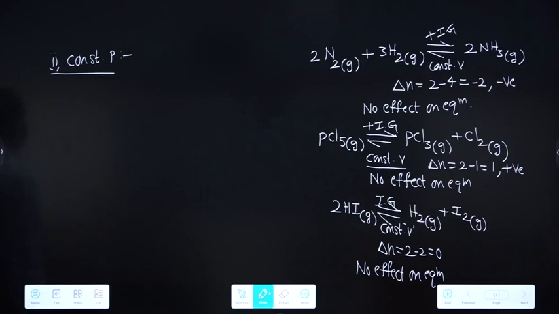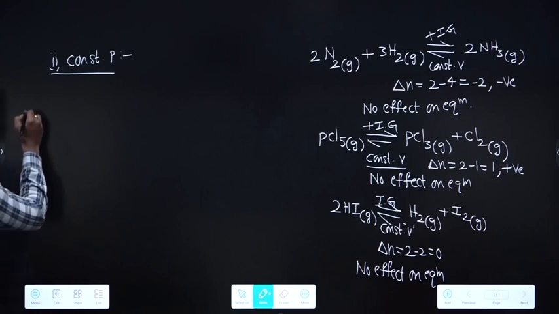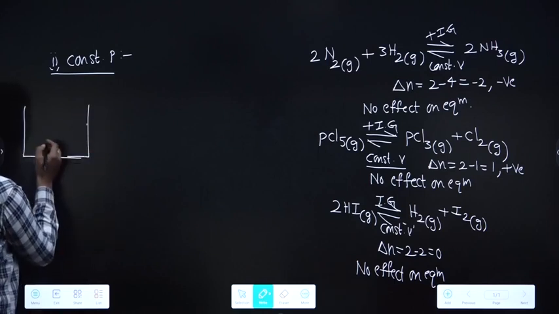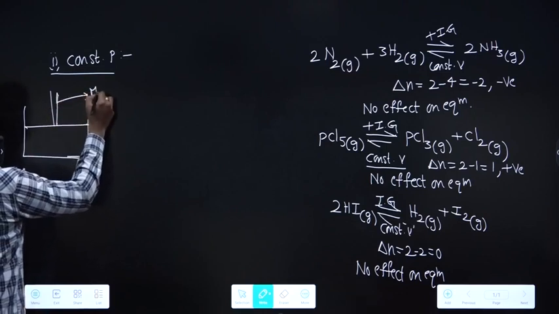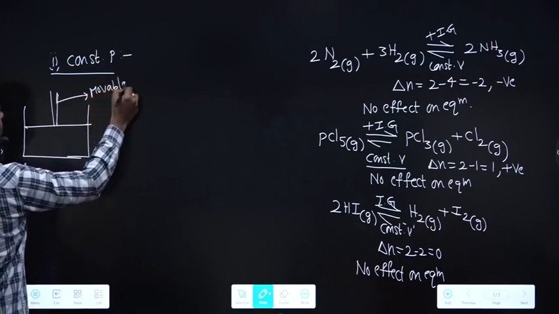Constant pressure means we have to take with movable piston or immovable piston. Movable piston. Okay, for example, here some piston, we are taking movable piston.